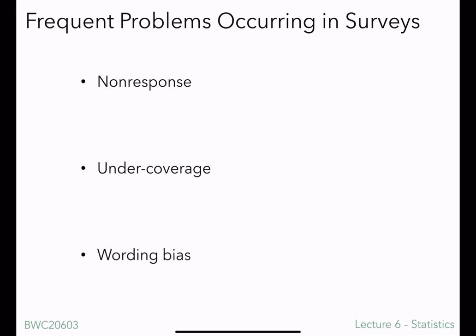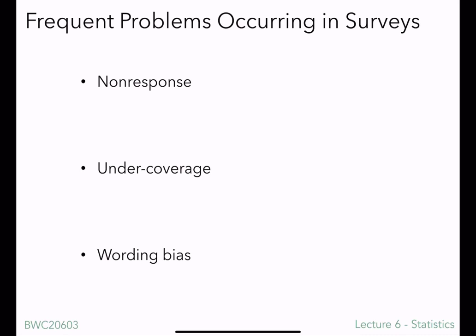A surveyor has to be very careful with the words that he uses in the questions. More specifically for the sensitive questions, for example, a question that you want to ask someone, whether they have ever used drugs, or have they ever cheated in their income tax filing.